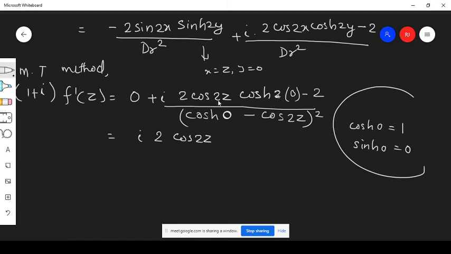So this is 2 cos 2z into 1 minus 2, divided by, here again, (1 minus cos 2z) the whole square. Now this is equal to, 2 is common and this i is common for both.